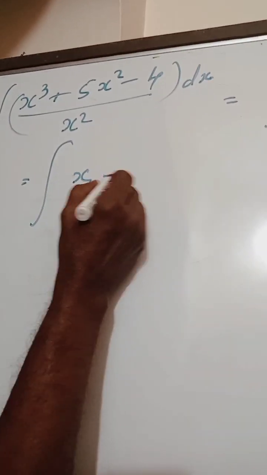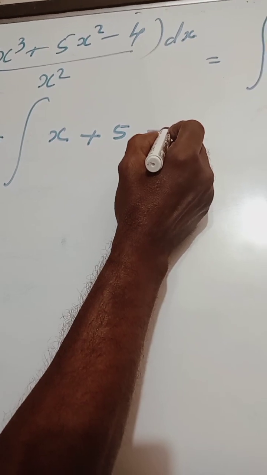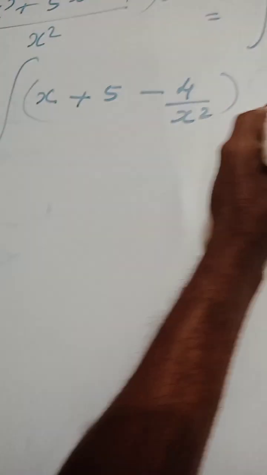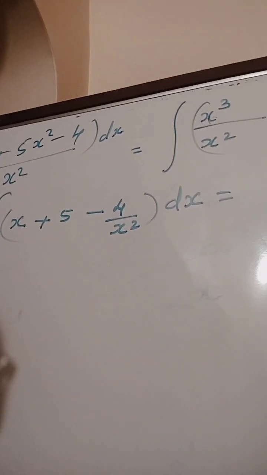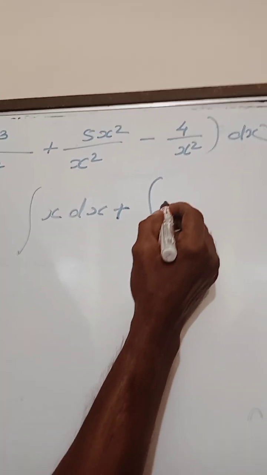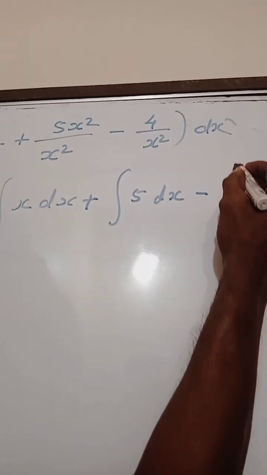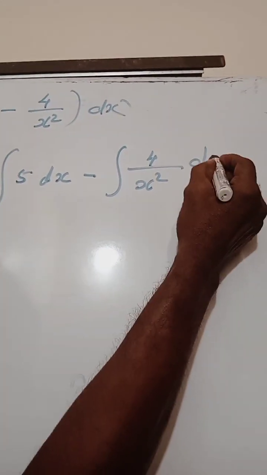This is equal to integration of x plus 5 minus 4 by x square into dx. This is equal to integration of x plus integration of 5 dx minus integration of 4 by x square dx.